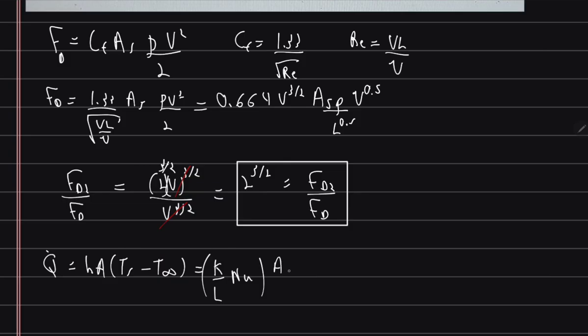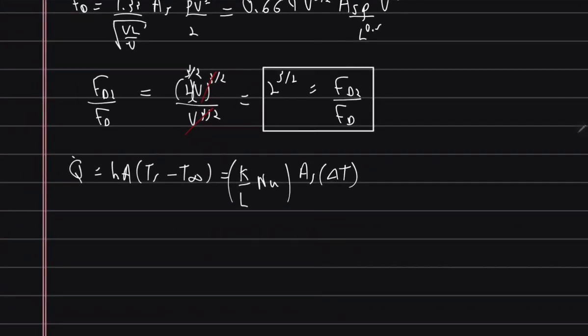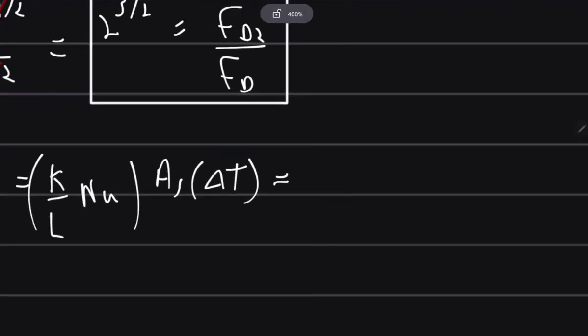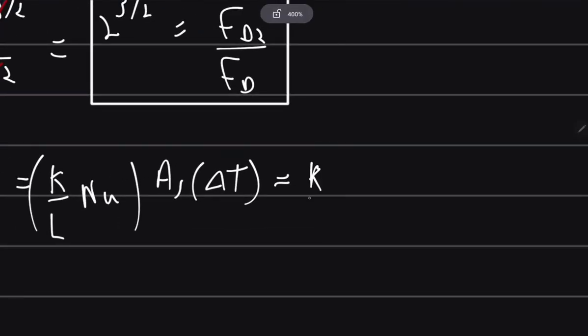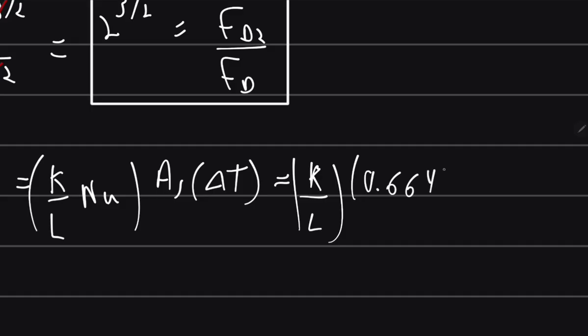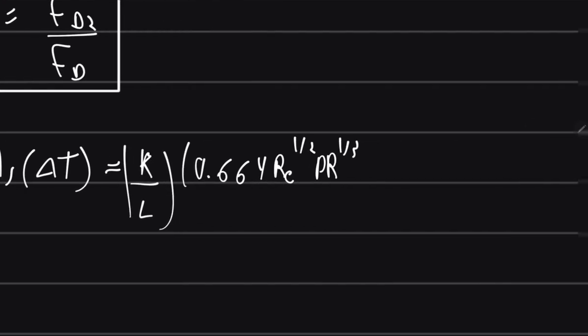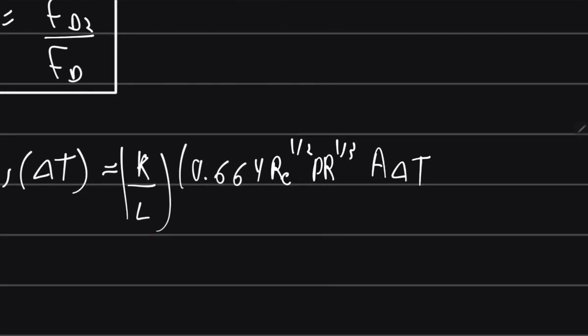And then, of course, keep A_S times delta T. I'm just going to write this as delta T, so it's slightly faster to write. Then, of course, we have our equation for the Nusselt number, so we have k over L. The analytical solution for the Nusselt number is 0.664 times the Reynolds number to the 1/2 times the Prandtl number to the 1/3. Then we have A delta T.